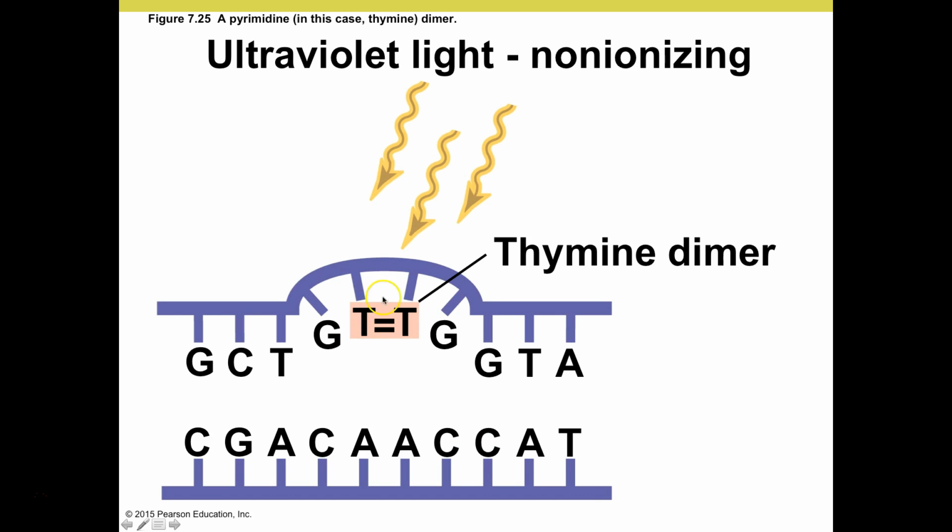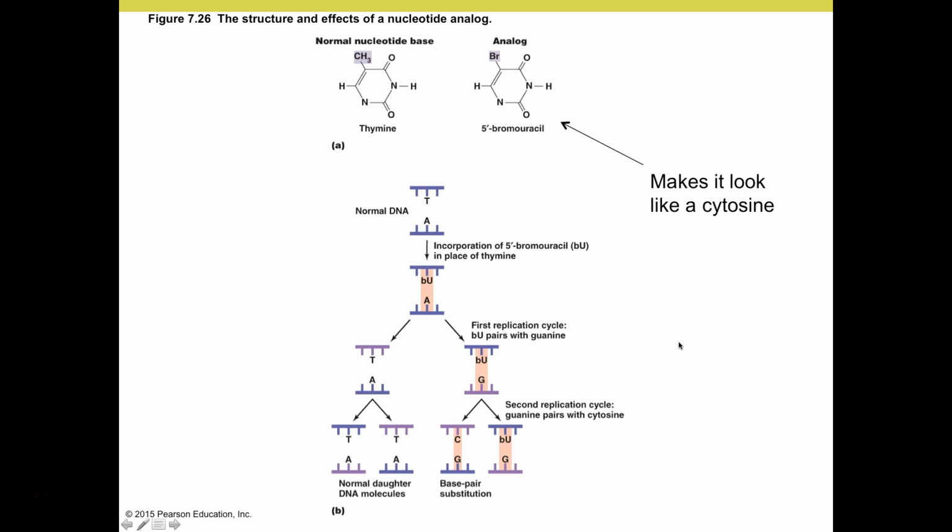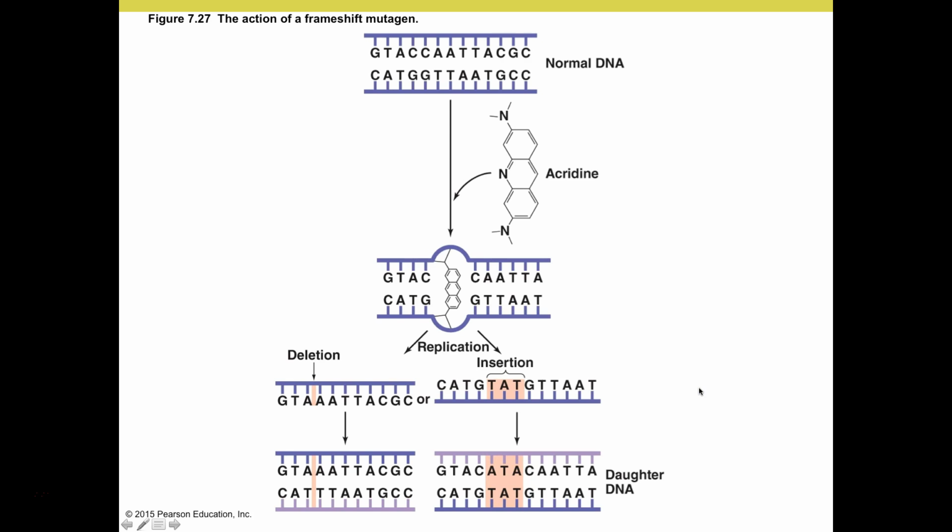That basically means that you have 2 thymines paired one with the other right here. This is an example of a point mutation. This is showing you how the frame shift occurs.